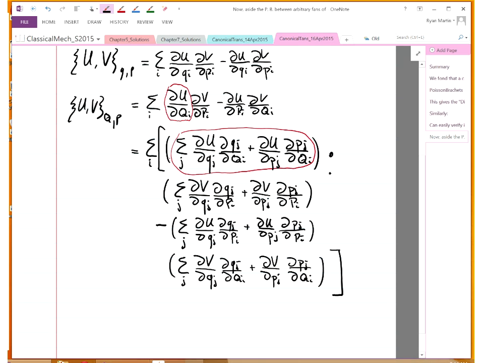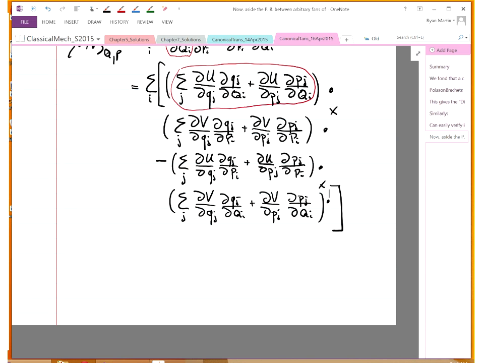So now I should multiply all these things out, right? So I have to multiply this thing times this thing. I have to multiply this thing times this thing. Okay? So if you carry out all of this, it's mathematically not so difficult, right? But it's a bit of a pain. Well, let me focus on just one of the products.